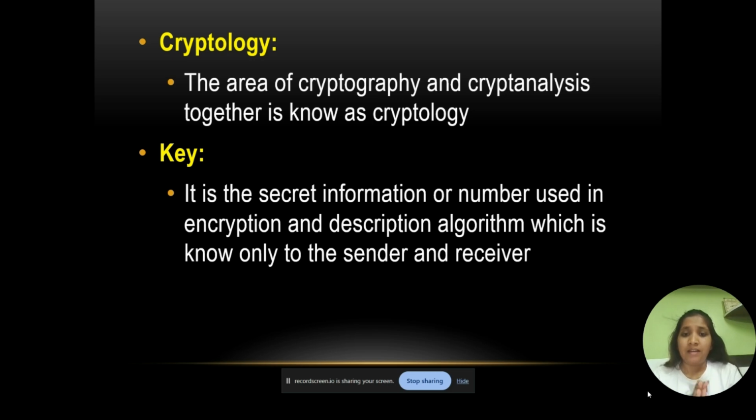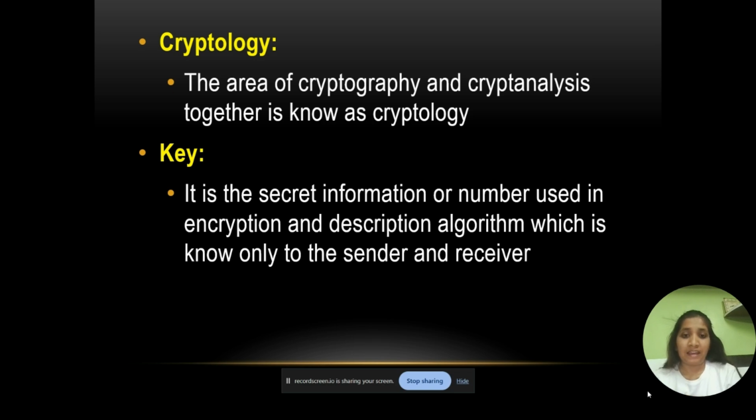It is basically a broader field that includes both cryptography, the art of securing information through encryption, as well as cryptanalysis, the science of breaking encrypted messages. Cryptology combines both securing and breaking codes to enhance cybersecurity. For example, modern cybersecurity experts use cryptology to both design encryption methods and test their security.